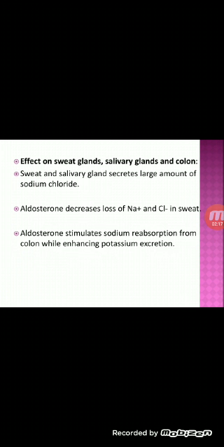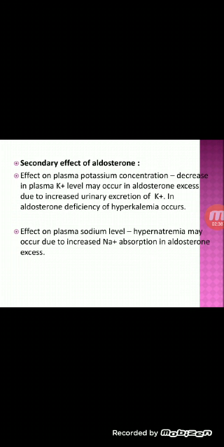In its effect on sweat glands, salivary glands, and colon, these glands secrete a large amount of sodium chloride. Aldosterone decreases the loss of sodium and chloride in sweat, and stimulates sodium resorption from the colon while enhancing potassium excretion. The secondary effects of aldosterone are its effect on plasma potassium concentration.